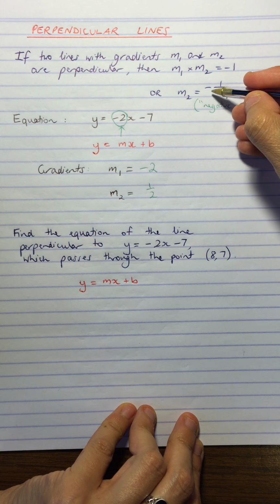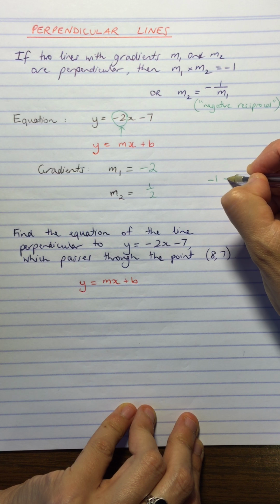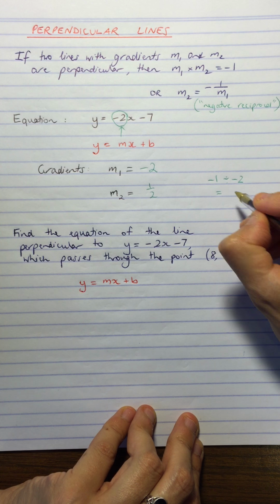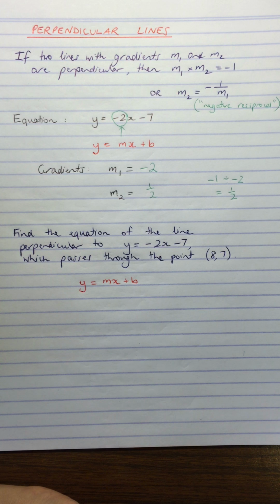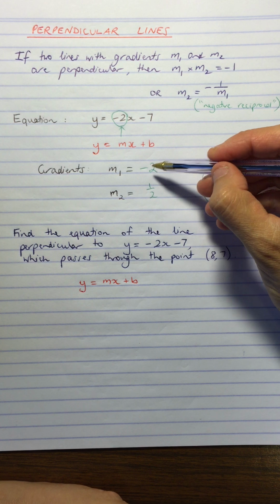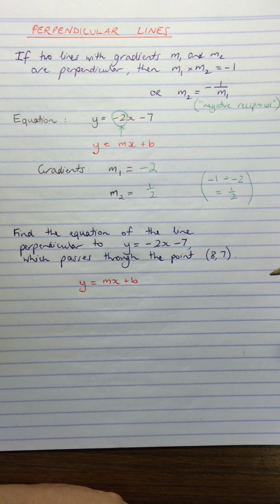How did we get that? -1 divided by the first gradient, -2, gives us positive 1/2. So that's the working out to find the second gradient. -2 for the first gradient, positive 1/2 for the second gradient. So now we know the gradient of our perpendicular line is 1/2.